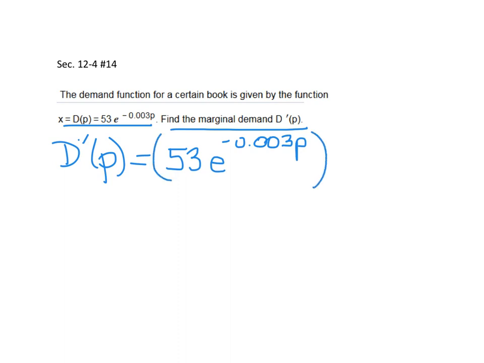But again, we're going to multiply by the derivative of the power itself. And the derivative of the power itself is simply negative 0.003.